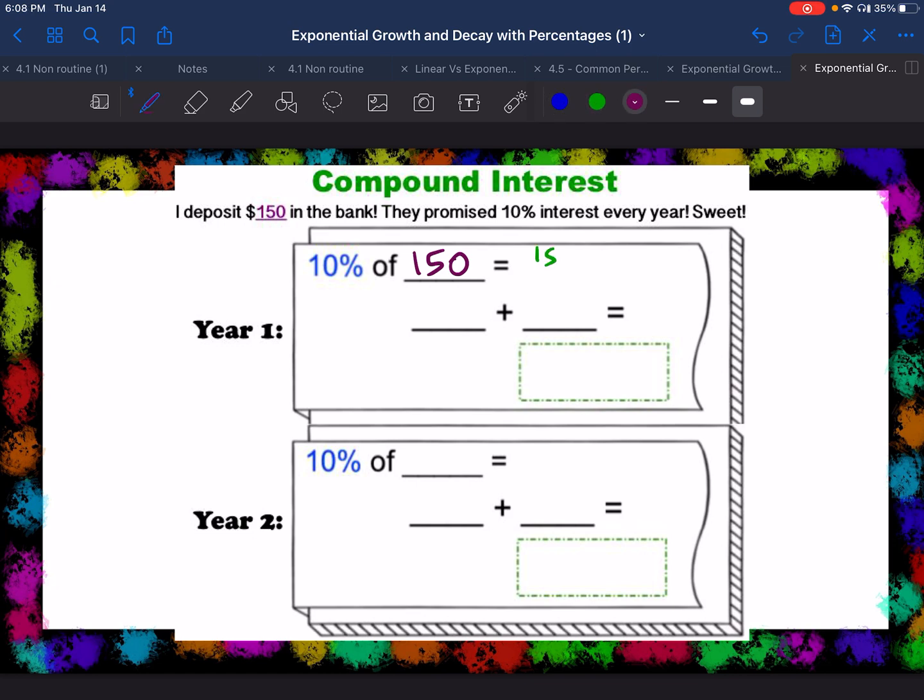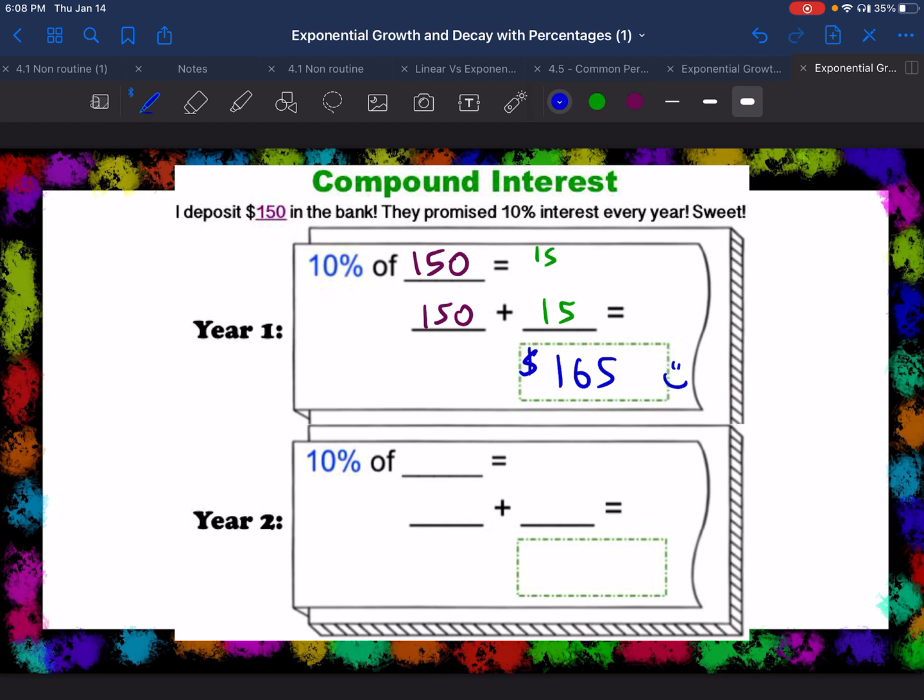So I take my original, 150, I add my interest, and I get my new total, 165. So after the first year, I get $165.